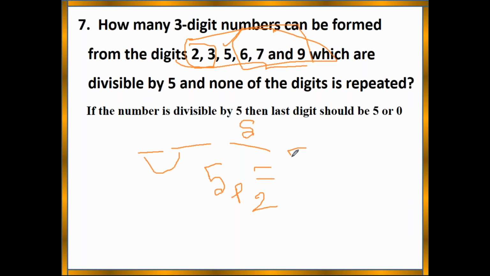In how many ways? 5P2, nothing but 5 factorial by 5 minus 2, 3 factorial. Do it fast, ma. 20, sir.